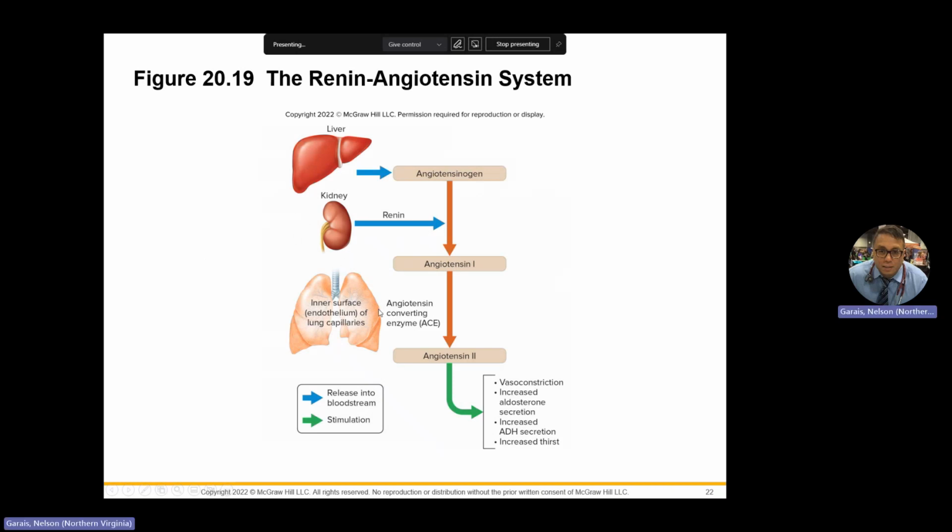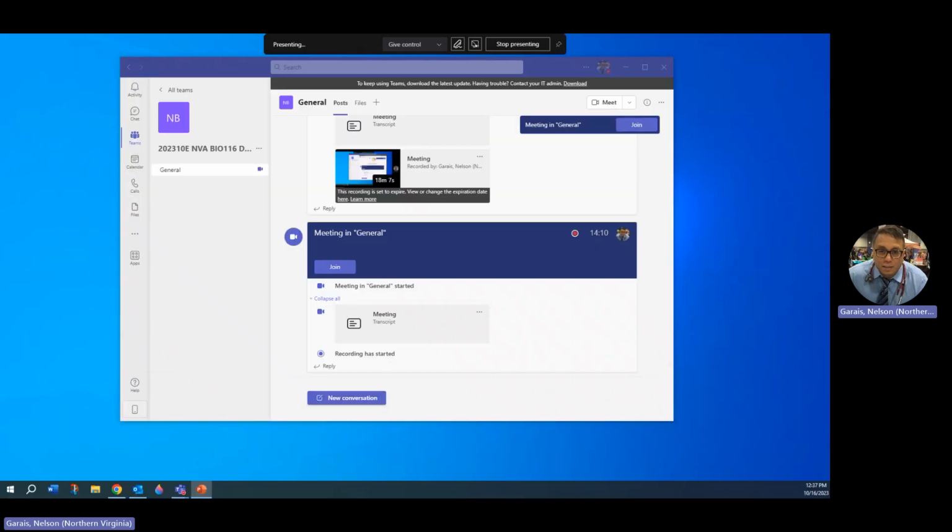This is a simplified version of the renin-angiotensin-aldosterone system. Let us now do an RAA. Do the renin-angiotensin-aldosterone system, and my most favorite drawing or diagram, if I can find it.